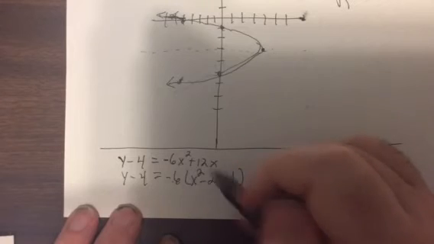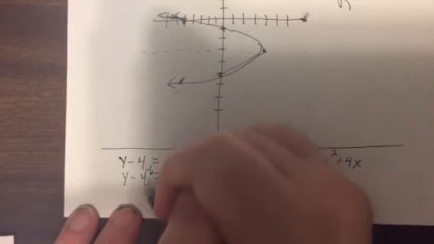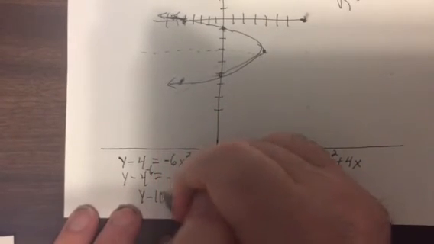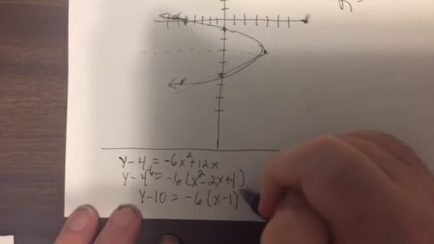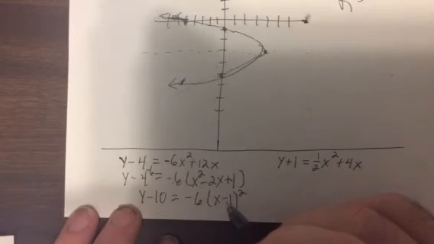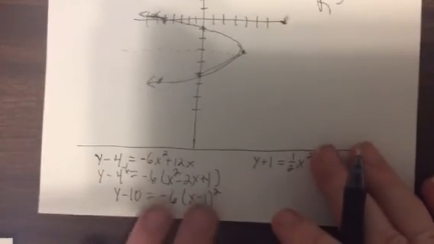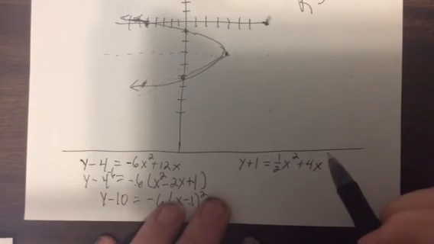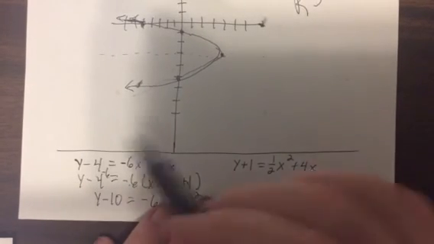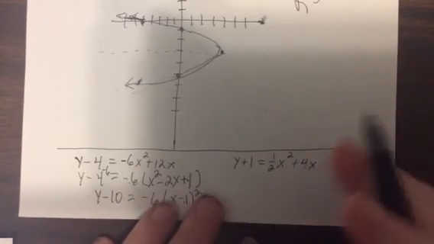I really added negative 6. So you got to add negative 6 to this side. So y minus 10 equals negative 6 times (x minus 1) squared. So the vertex would be (1, 10). And it's opening down, so it'd be a maximum.